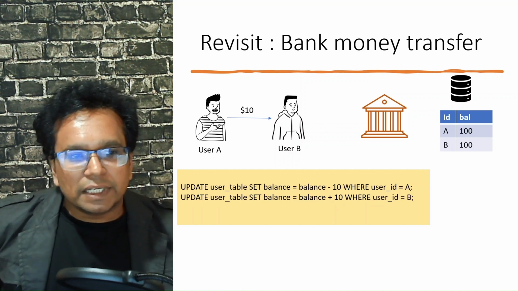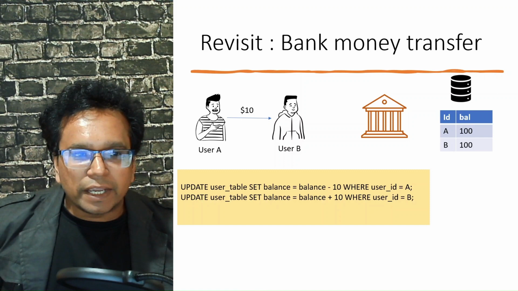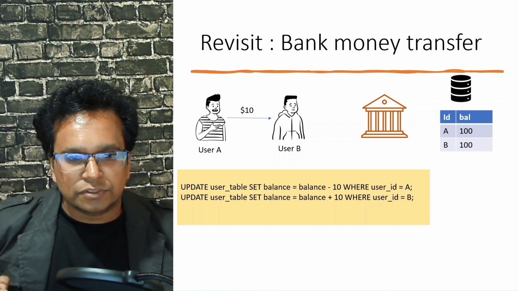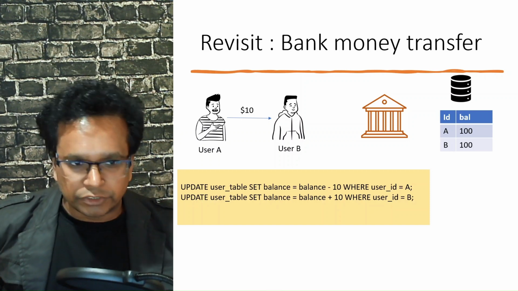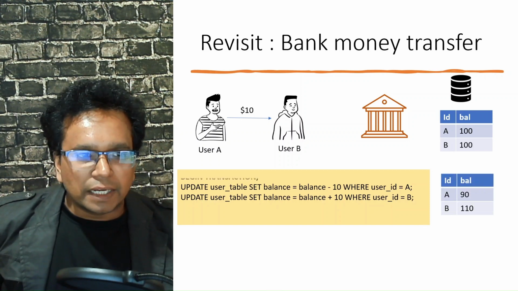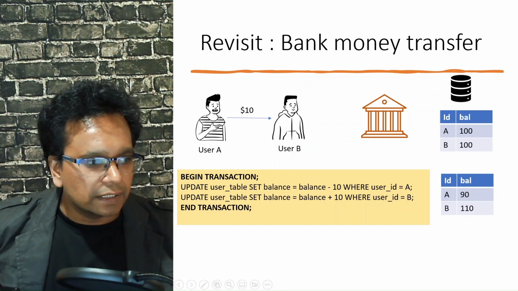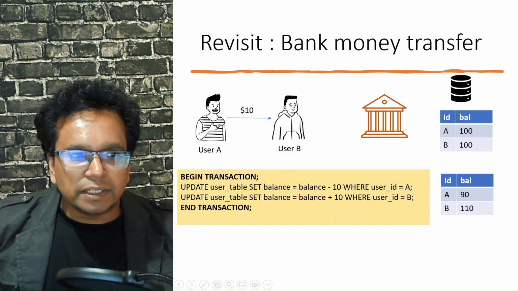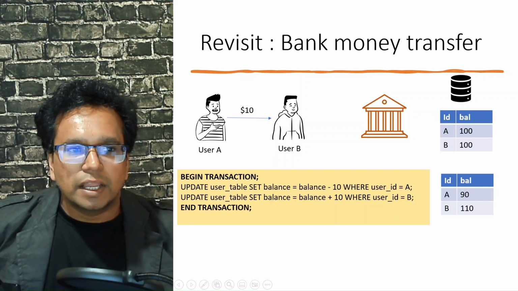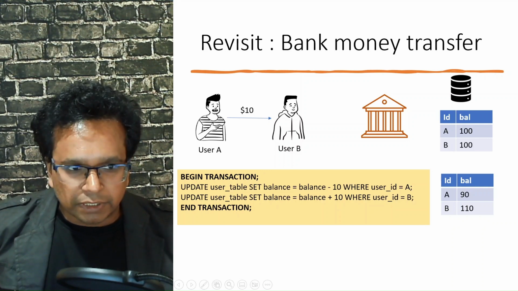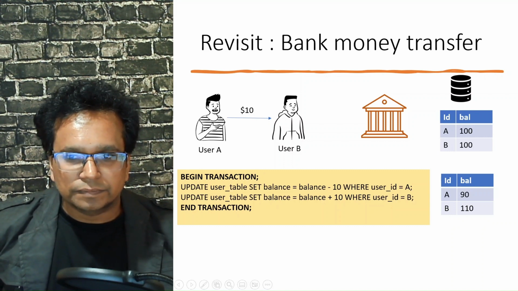Now, for example, in a SQL database, there is a way to combine these two operations into a single transaction. That is called begin transaction and end transaction. That means that anything between the begin transaction and end transaction will be executed as a single unit of work that defines the transaction.